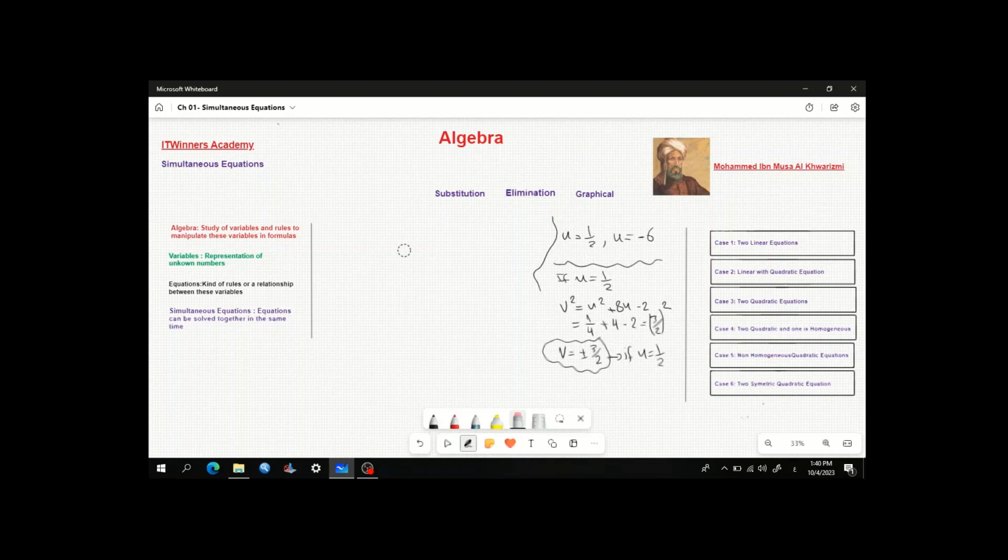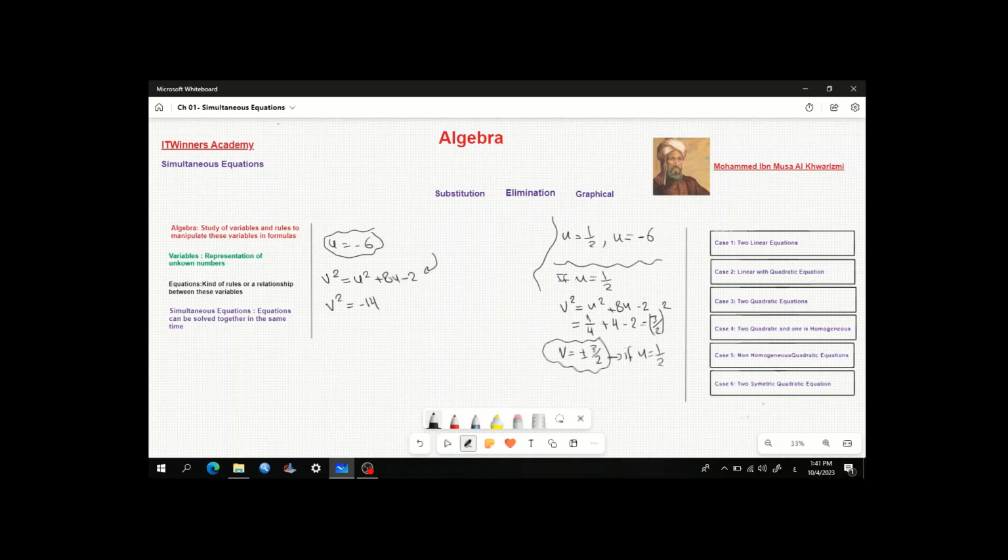Now u equal to minus 6. Just v squared equal to u squared plus 8u minus 2. v squared will be negative 40.